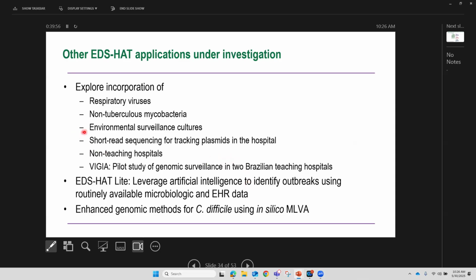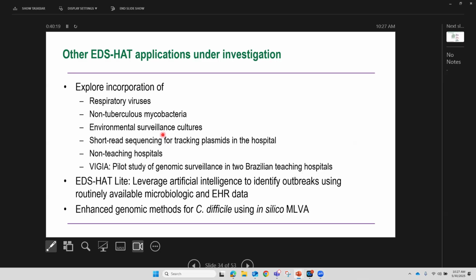We're also doing some limited environmental surveillance cultures, for example, for Pseudomonas and non-tuberculous mycobacteria. We also have a side project where, while EDSAT looks at bacterial transmission, there are plasmids that can be transferred between multiple species.